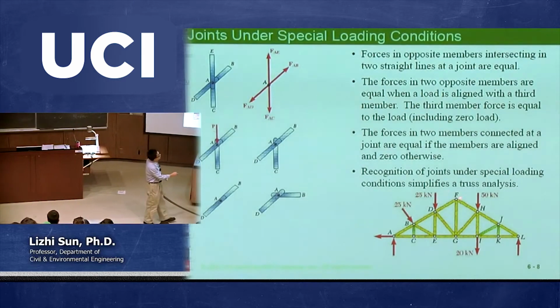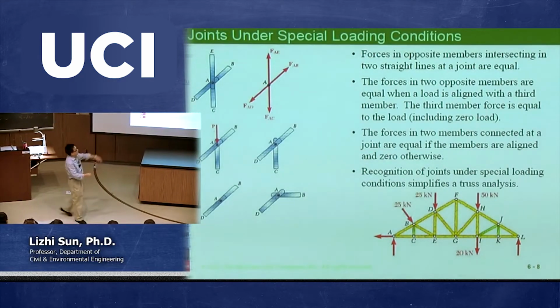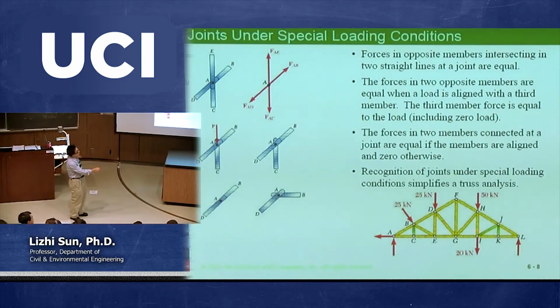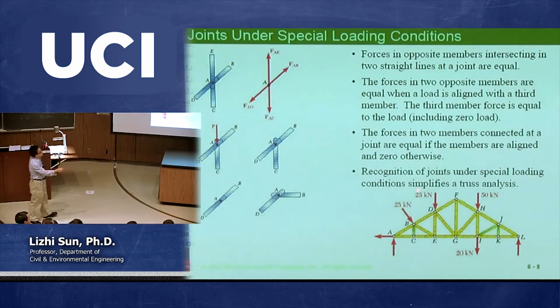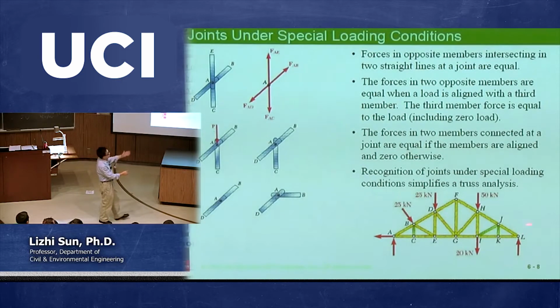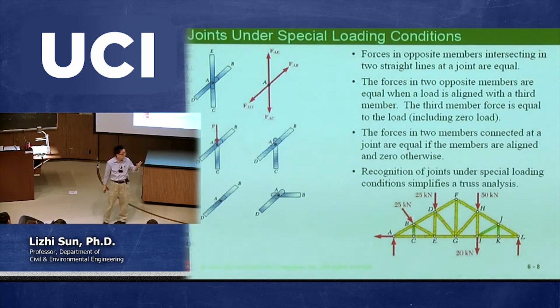For example, if you originally look at this typical truss structure with very complicated loading conditions, this is a pin end, and this is a roller support with forces acting on different joints. Of course, you can just go ahead and calculate the reactions first, and starting from step number 2, you try to find some joints with two members connected.